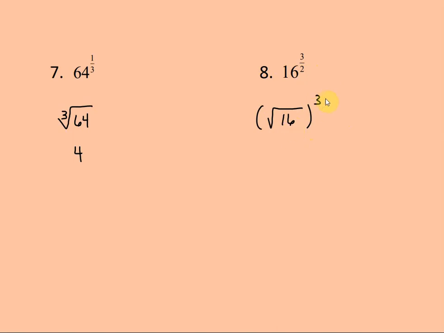You can either raise it to the power first and then take the root, or take the root first and then raise it to the power. It's usually simpler if you do the root first because that makes your number smaller instead of getting it really big and then having to take the square root or the cube root or whatever root. So the square root of 16 is 4, and then 4 to the third power is 64.